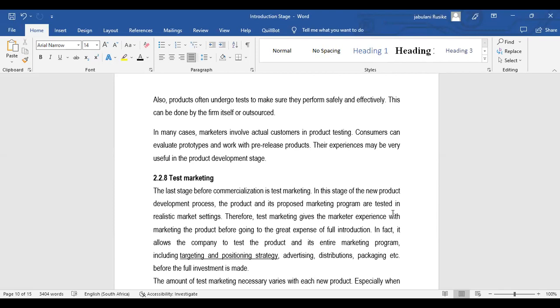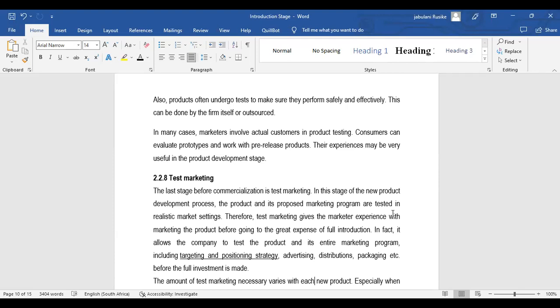You are introducing this product to the market just for them to test the final product. So before you release it to the bigger market, you first introduce it to a small market, giving them a sample of that final product to see if the people still accept it. And then you get feedback.